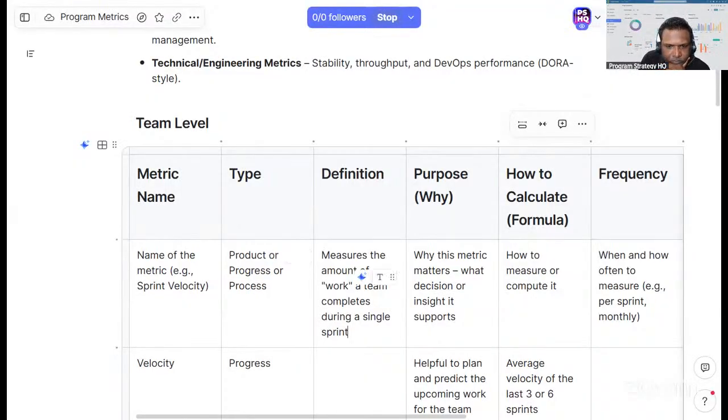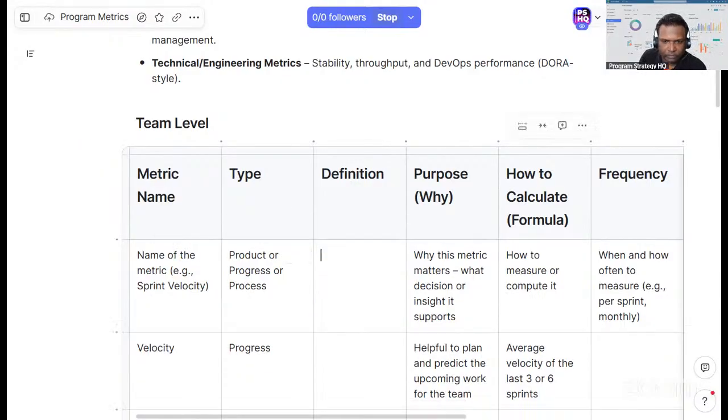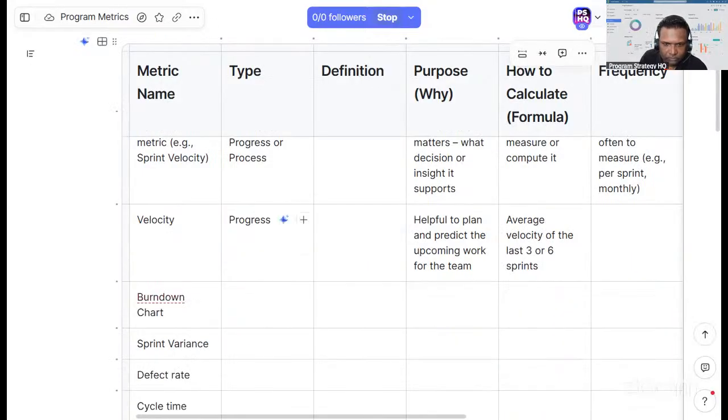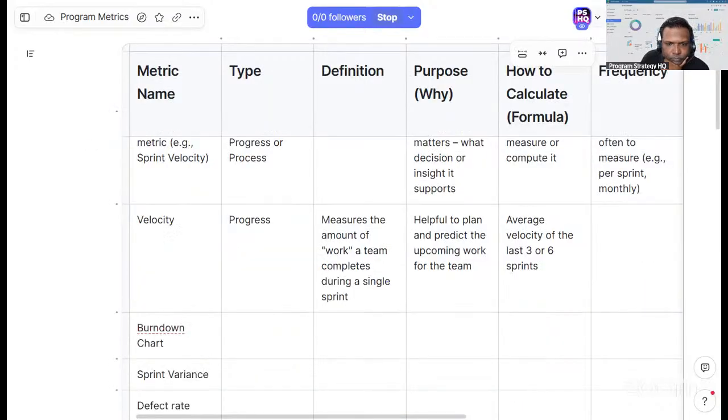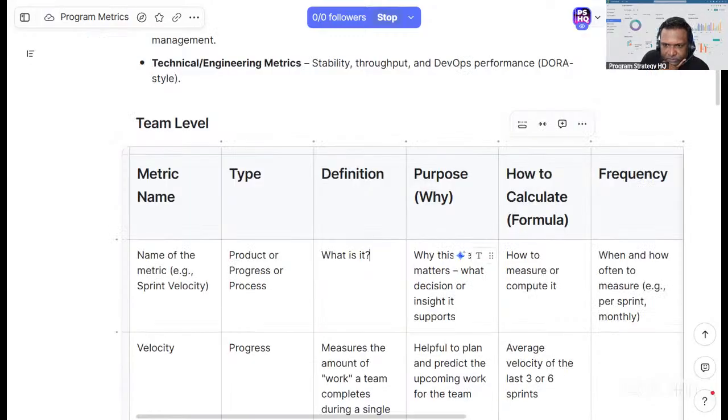Okay, product. Velocity. What is it? Average velocity of last 3 to 6 sprints.